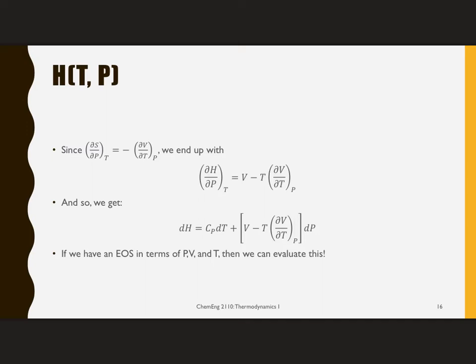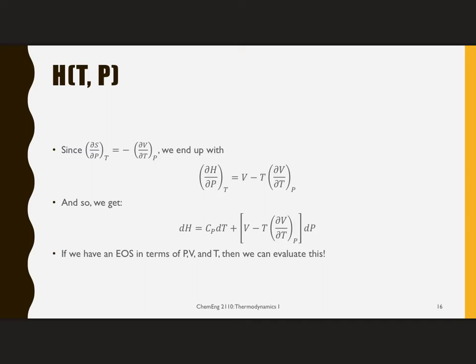And if we substitute this back into our initial differential form, we see that dH is Cp dT plus V minus T times dV/dT at constant pressure, quantity times dP. So we now have H as a function of temperature and pressure, all in terms of things that we can measure or look up.